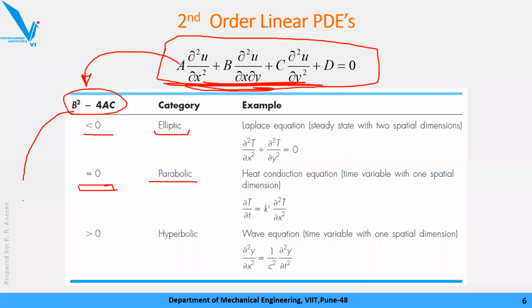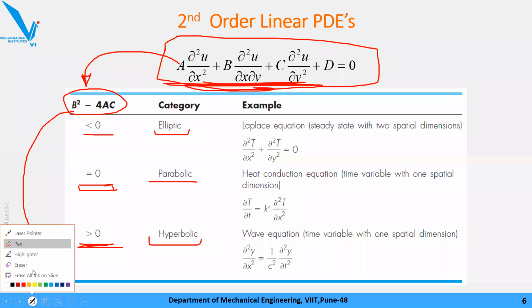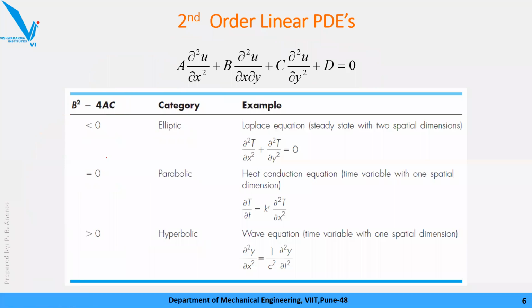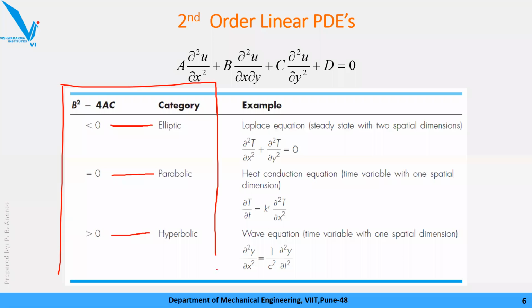If the value of b square minus 4ac comes greater than 0, we call it a hyperbolic equation. Just focus on this: if b square minus 4 times ac is less than 0, it is an elliptic equation; equal to 0, a parabolic equation; and greater than 0, a hyperbolic equation. Note down this part.